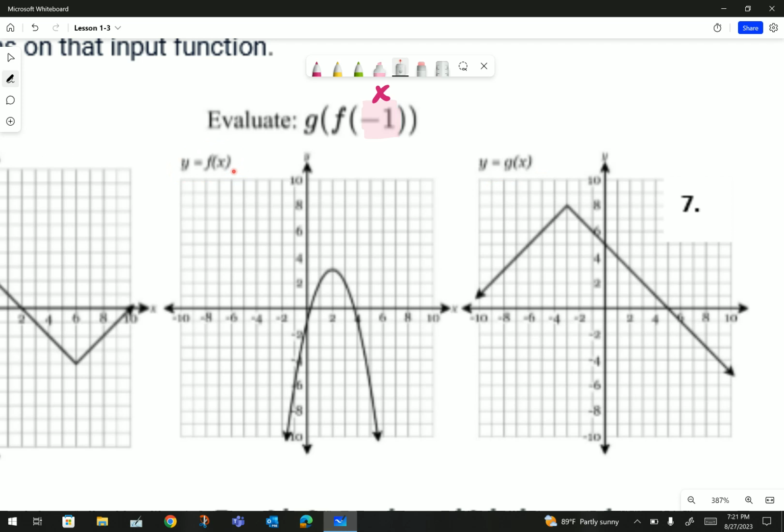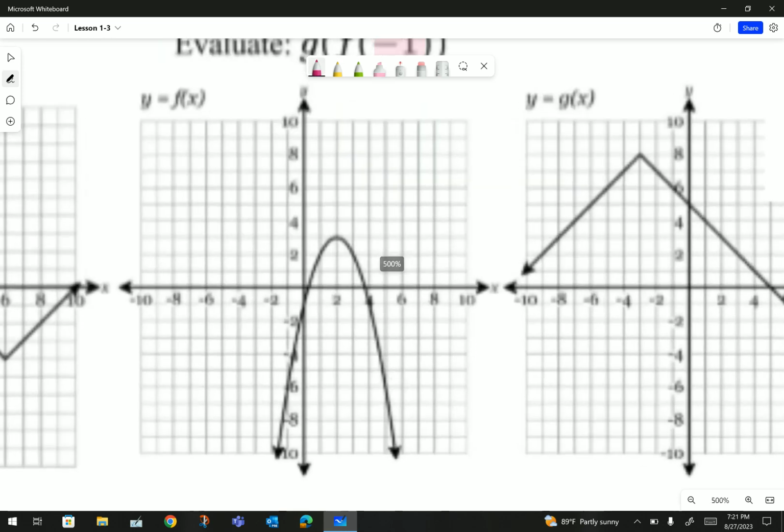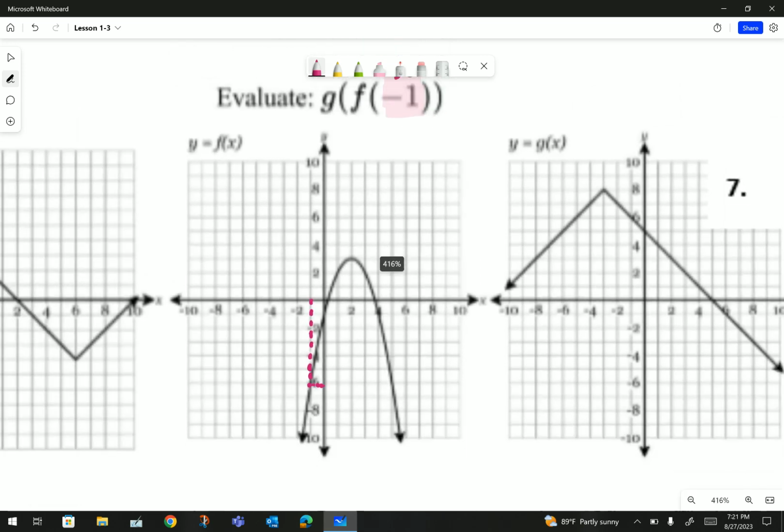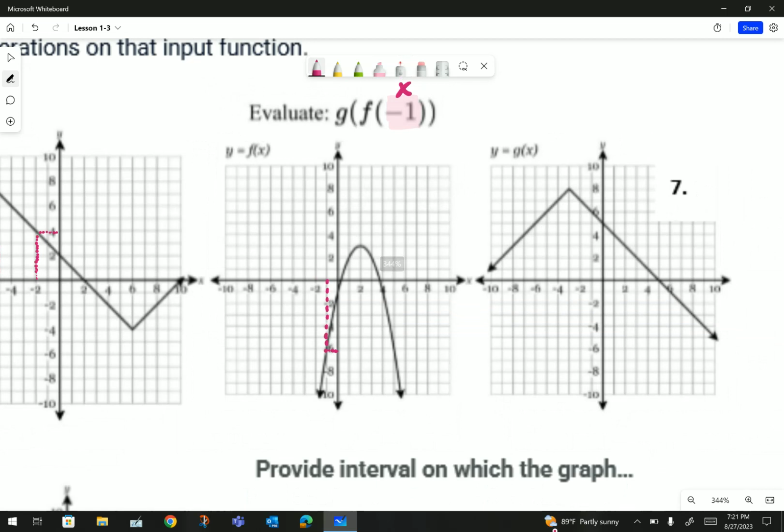So I'm going to go to -1 and stand at -1, and then I need to move. Well, -1 is right here, and I had to move downwards to get to my graph. And I noticed that I got to touch my graph when I got to -6. I had to go down 6. So I'm going to bring over the g, and f of -1 is down 6.